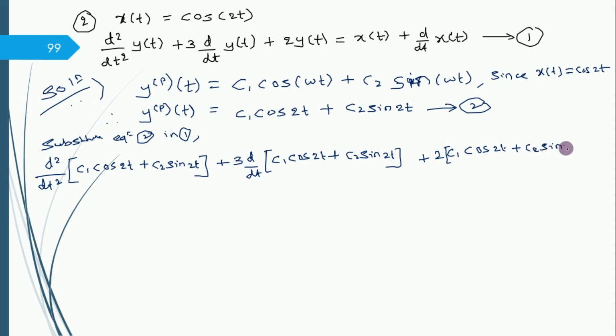This is equal to x of t, which is cos 2t, plus d by dt of cos 2t. You should carefully solve it because it looks big, but there is no logic involved, just simple simplification. It is double time differentiation of cos 2t. What do you get?